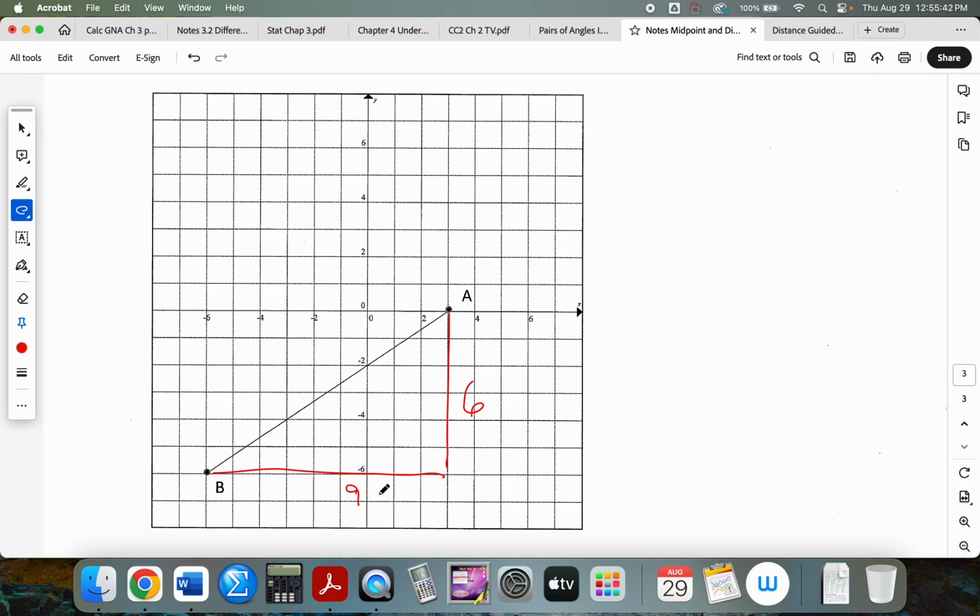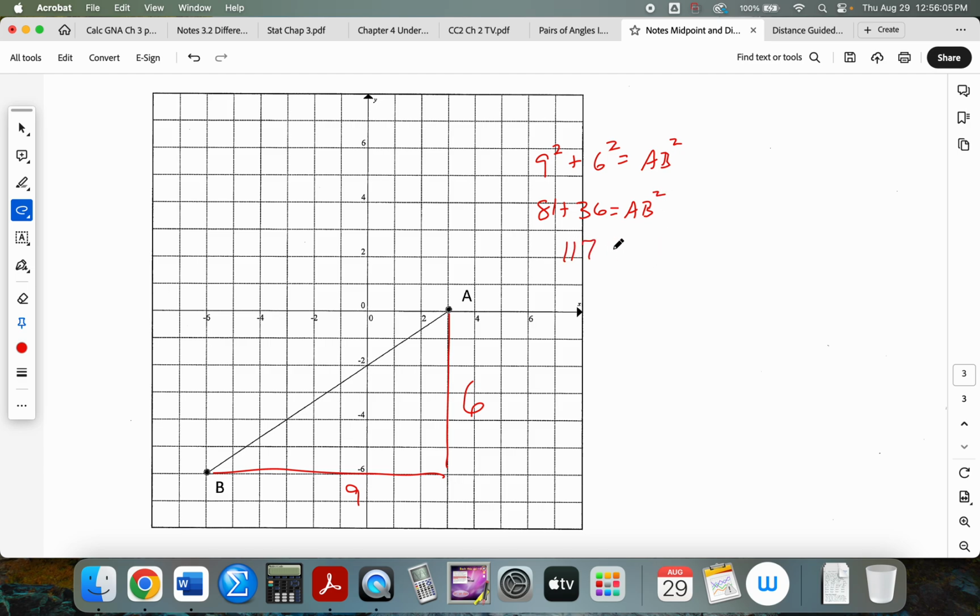This is 9. I typically just count it and do the Pythagorean theorem. To me, that's a little faster. It would be 9 squared plus 6 squared gives me AB squared. So it'd be 81 plus 36 is AB squared.